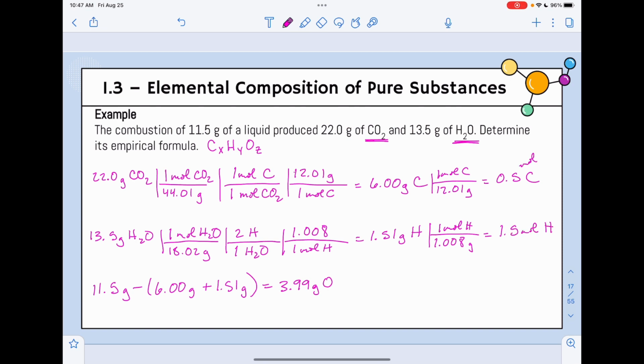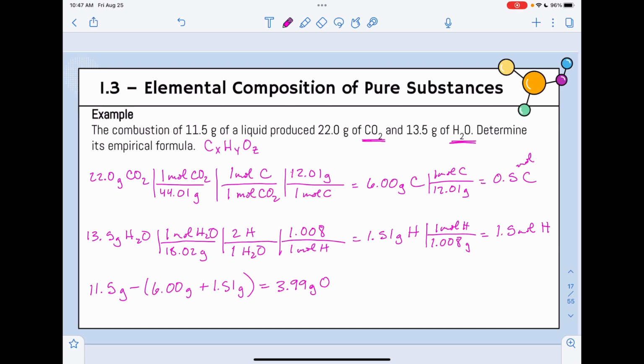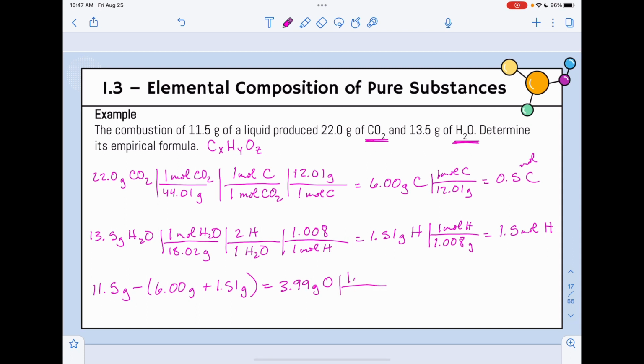And then 1 mole of oxygen has a mass of 16.00 grams, which comes out to be 0.25 moles of oxygen. Now, I'm going to divide by the lowest. So I'm going to divide by 0.25, because if I look at those three numbers, I've got 0.5, 1.5, and 0.25. So my smallest is 0.25.